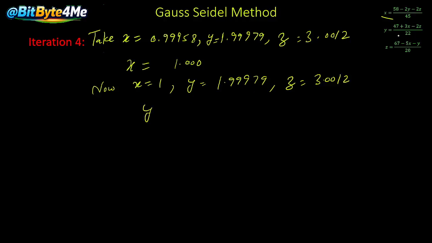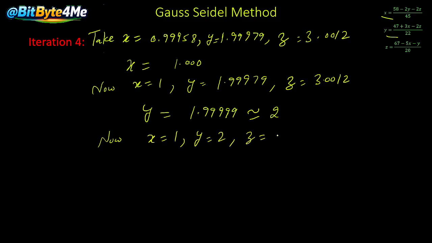And by using this equation we will calculate the value of y, and if you put these values you will get y is equal to 1.99999, which is approximately equal to 2. Now x is equal to 1, y is equal to 2, and z is equal to 3.0012.